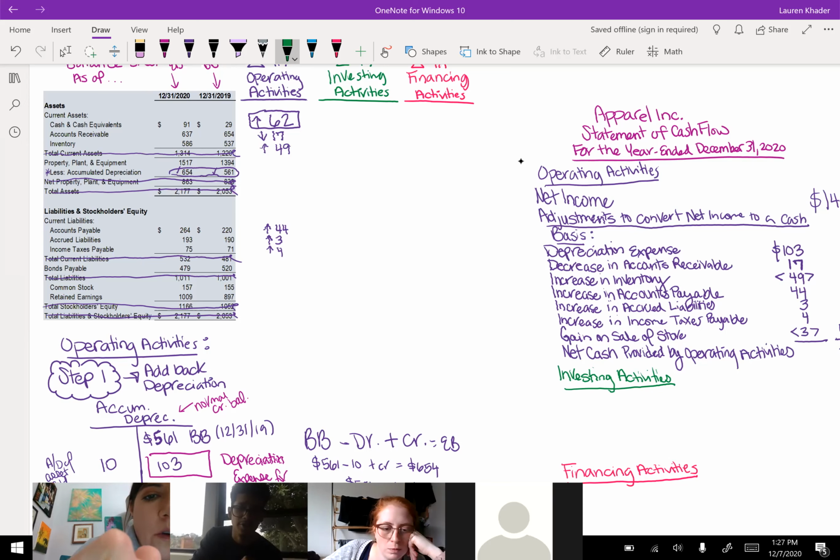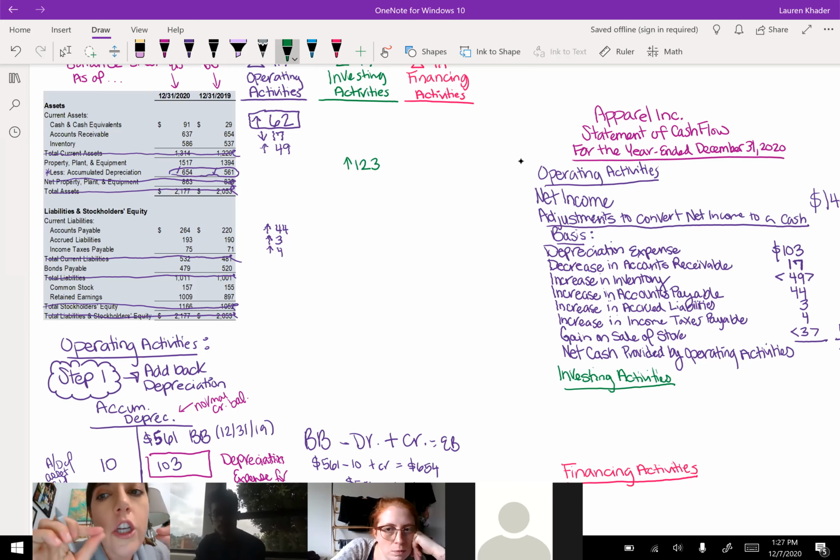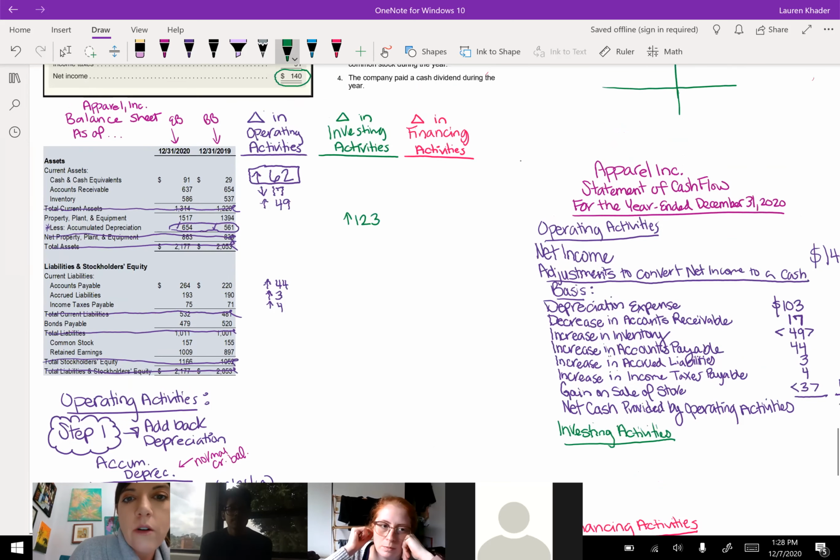Of 123. So we know that we're not using the gross change. We're going to show cash flow coming in from the sale of property, plant, and equipment, separate from cash flow going out for the purchases of property, plant, and equipment.